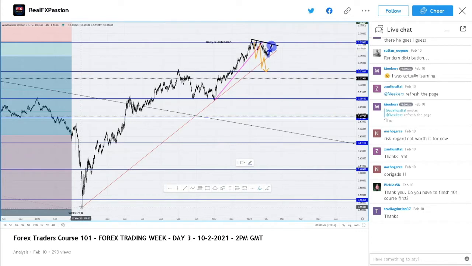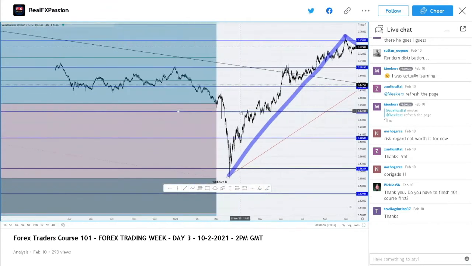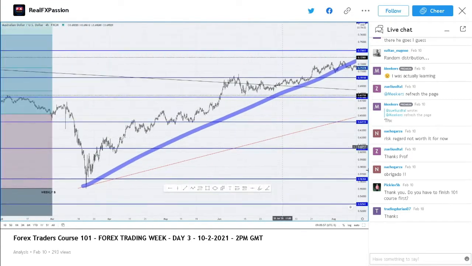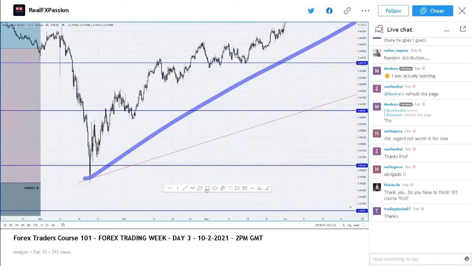So it could be something like this. The easy one: extension, retracement, and the next extension. And on the smaller scale, if we want to micromanage the chart, it would be extension, retracement, extension, retracement, lower lows, lower highs.